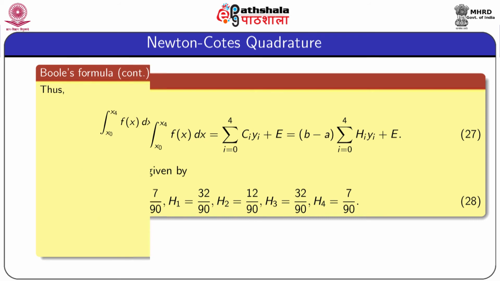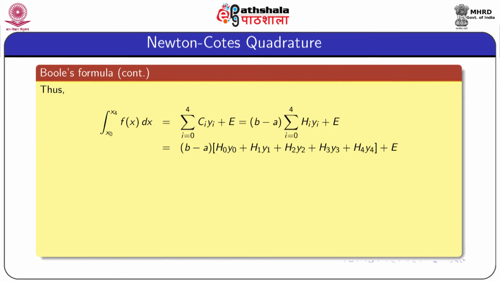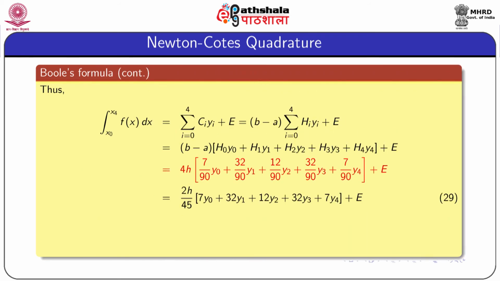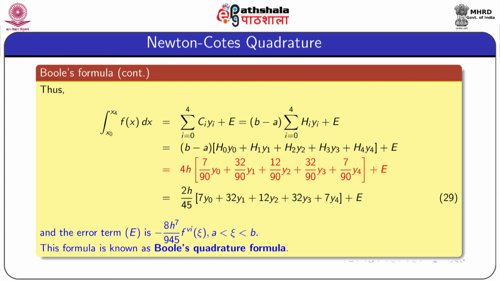Using these values, the formula finally reduces to this one, obtained by equation number 29: 2h by 45 into (7y0 plus 32y1 plus 12y2 plus 32y3 plus 7y4) plus e. The error term of this formula is minus 8 into h to the power 7 by 945 into the 6th derivative of f at xi, where xi lies between a and b. This formula is known as Boole's quadrature formula.